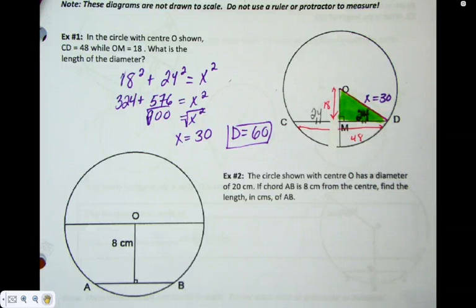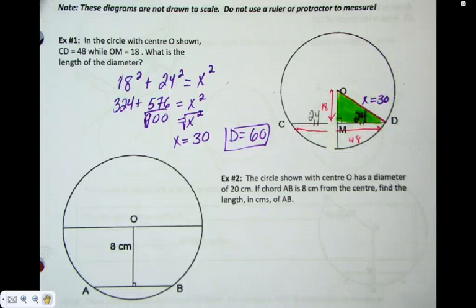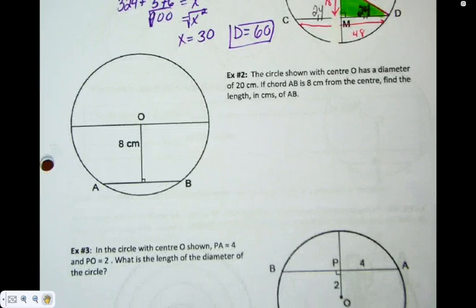Questions so far? Lots of Pythagorean theorem in this unit, you've noticed. Number 2, circle shown with center O has a diameter of 20. If the chord AB is 8 from the center, find the length in centimeters of A to B. What do you want to do?